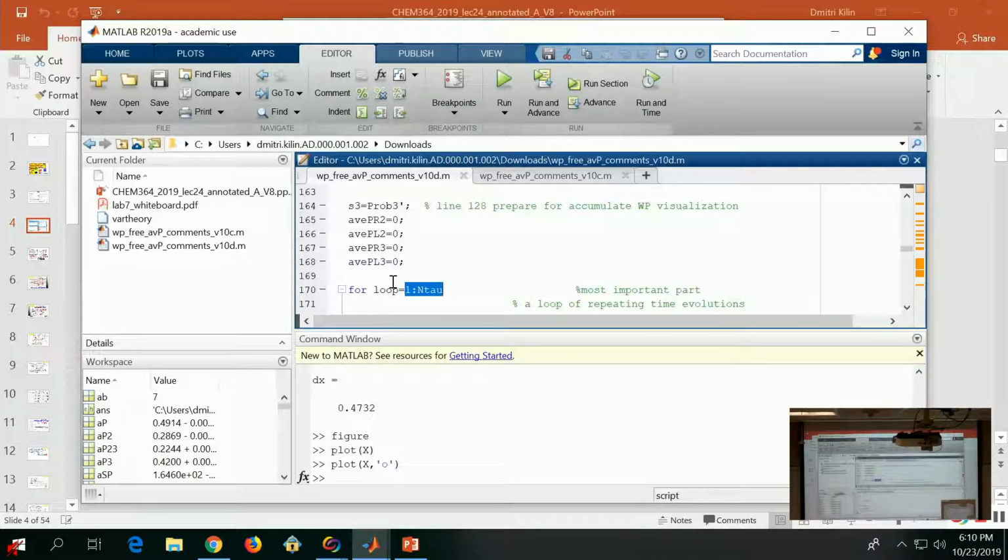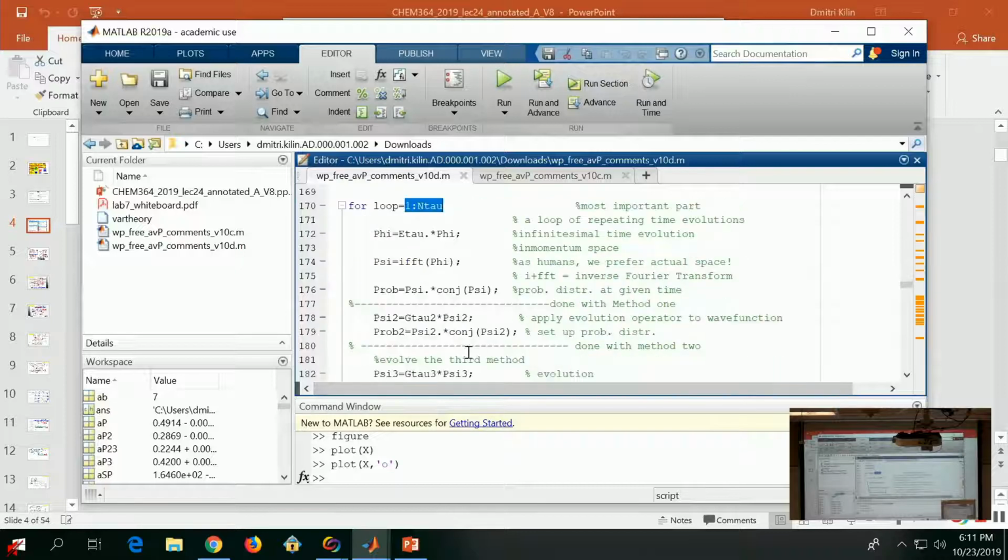If tau is the time increment, time interval, then n tau logically will be the number of time intervals. So tau times n tau will be the whole interval for which we do evolution. Does that pass for the amount of time? Yes.